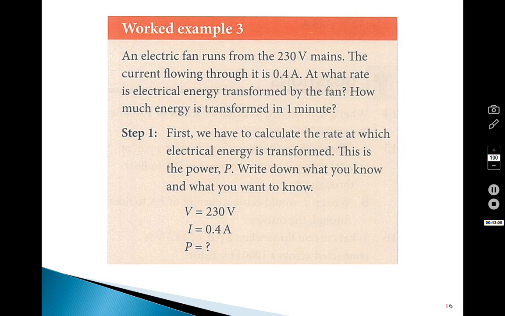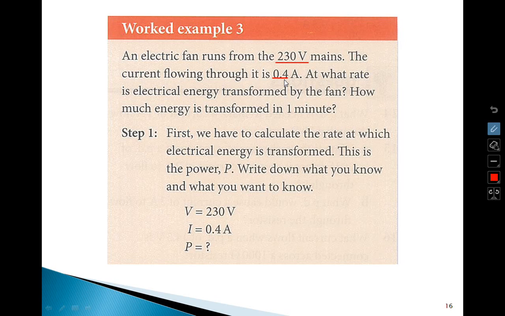So what we have here is V, a source of power supply, the voltage which pushes current to move, V is equal to 230, and this generates 0.4 ampere to move through the circuit.